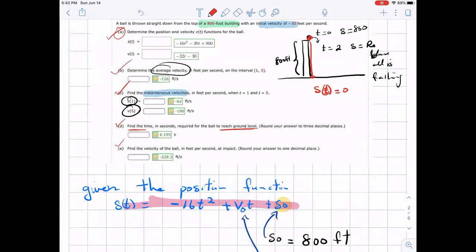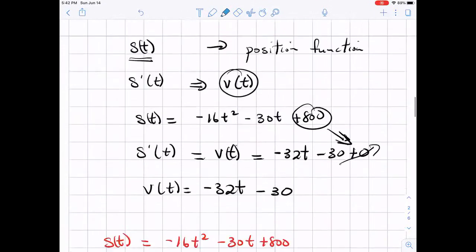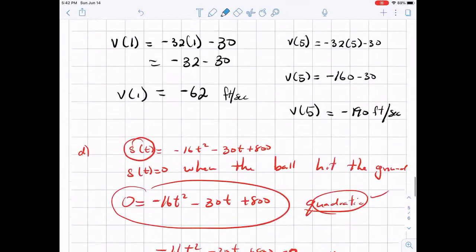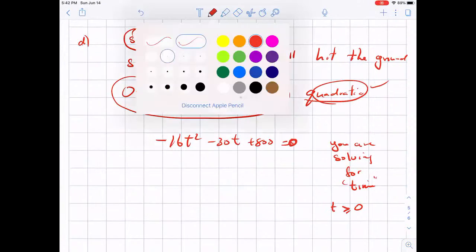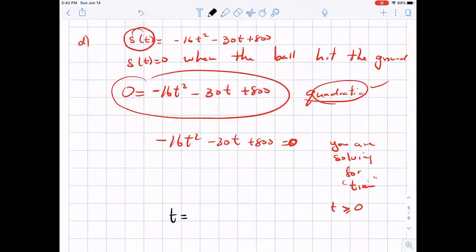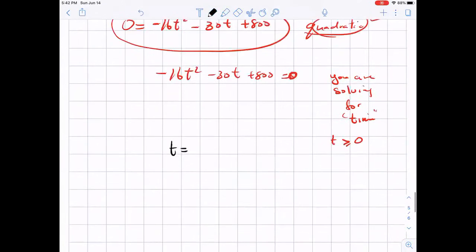Now for part E, find the velocity in feet per second at impact. After you solve this quadratic, you're going to have two values for t because it is squared.